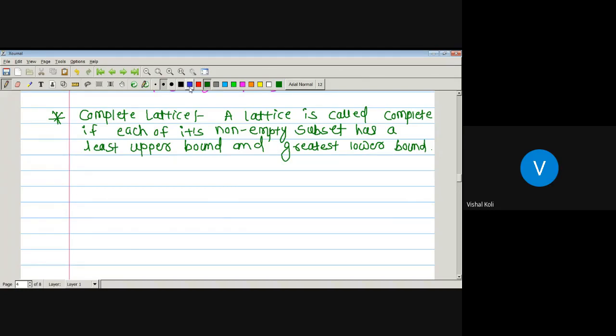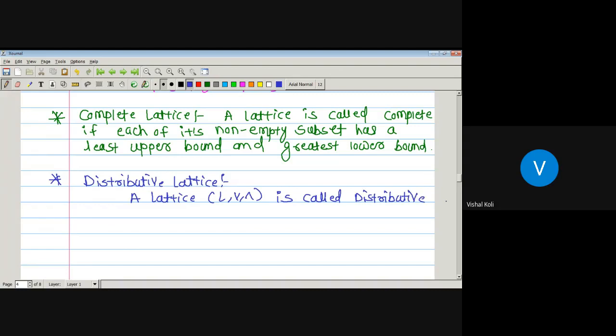Now next will be a distributive lattice. A lattice L with operations join and meet is called a distributive lattice if for any A, B, C belonging to capital L, A meet (B join C) is equal to (A meet B) join (A meet C).